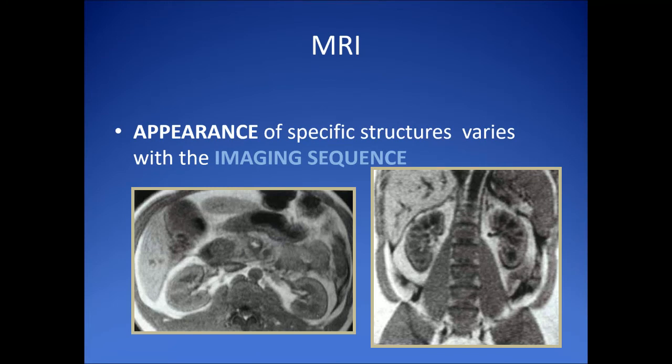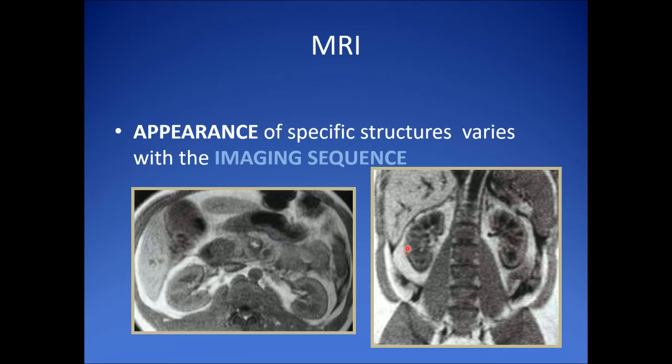So the appearance of the different organs of the genitourinary tract system depends on the imaging sequence. But the anatomy is also the same, such that on axial scan, you could see again the kidney here with the perirenal fat, which is of the high intensity signal on this particular sequence.